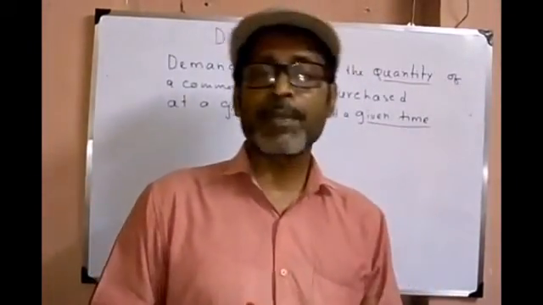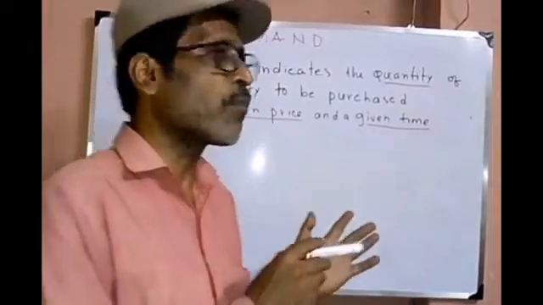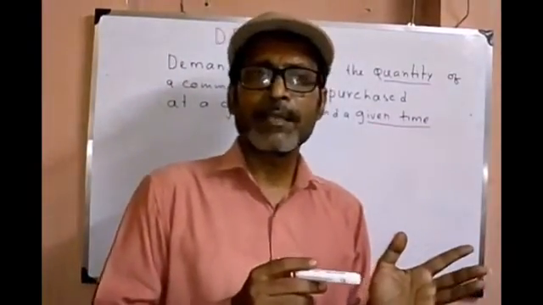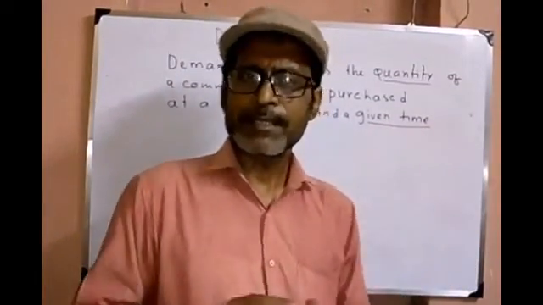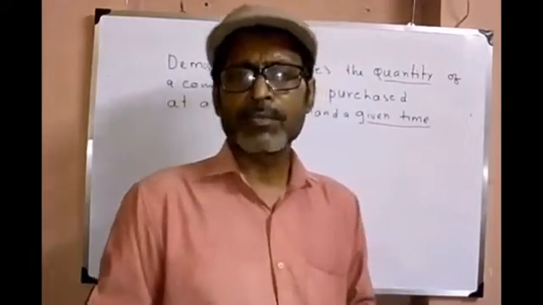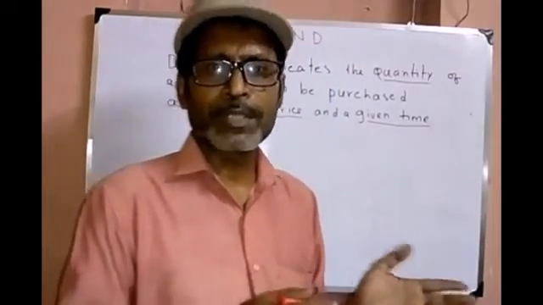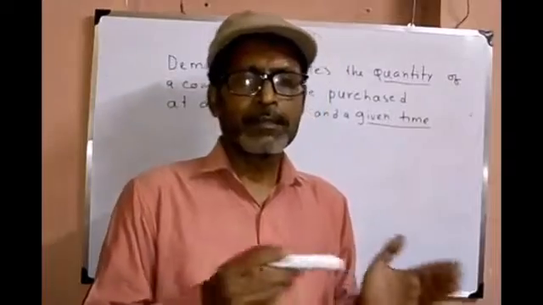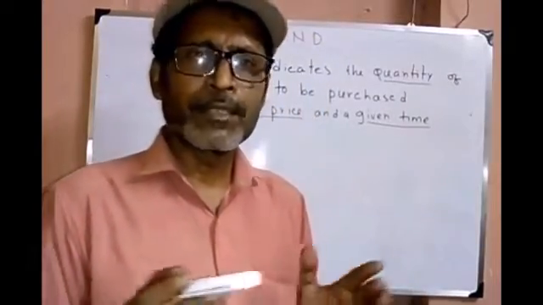Next, at a given price, because demand of a commodity varies at different prices. If the price goes up or comes down, the demand, that is the quantity to be purchased, should vary.